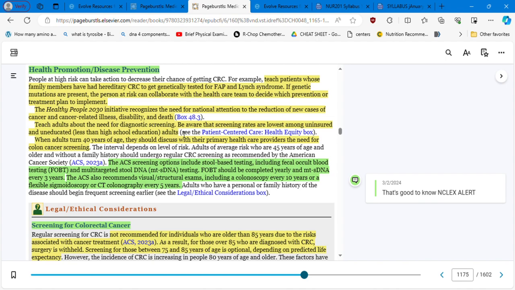The ACS screening options include stool-based testing. Okay, ACS, American Cancer Society screening, includes stool-based testing, including fecal occult blood, FOBT, and multi-target stool DNA. All these tests were explained in detail in the introductory chapter of gastrointestinal related to the assessment.